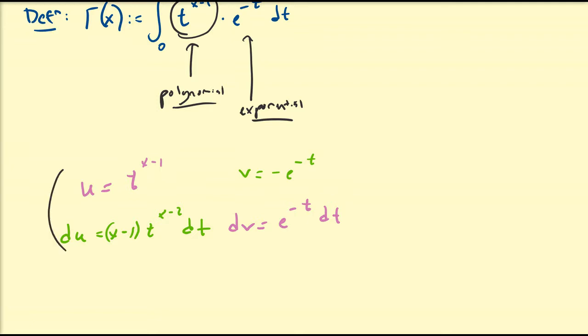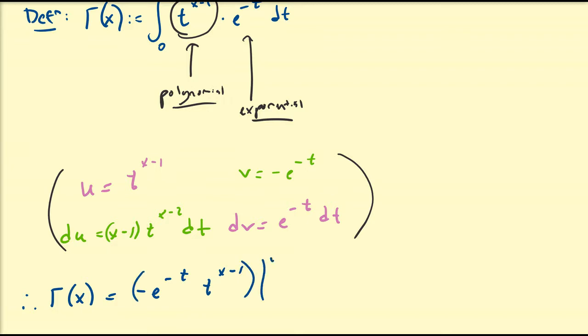So this is our integration by parts relationship. So that means gamma of x is going to be equal to uv evaluated as t goes to infinity and as t goes to 0, minus the integral of v du.